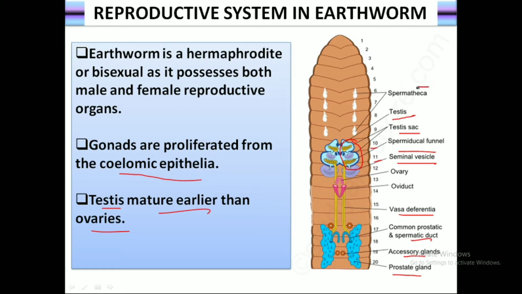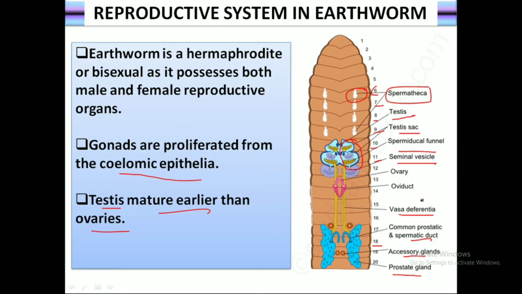In addition, another organ is present, the spermathecae, which are located in the 6th, 7th, 8th and 9th segments. These are paired structures present in each segment from 6 to 9, and they receive and store spermatozoa during copulation. The spermatic ducts open to the exterior in the 18th segment with the help of male genital pores.